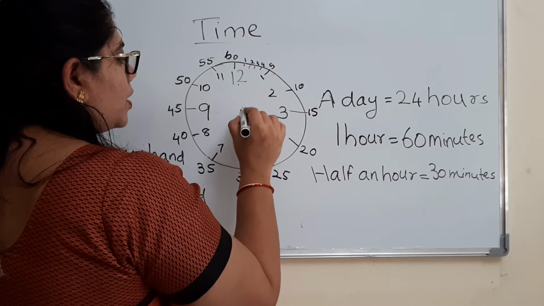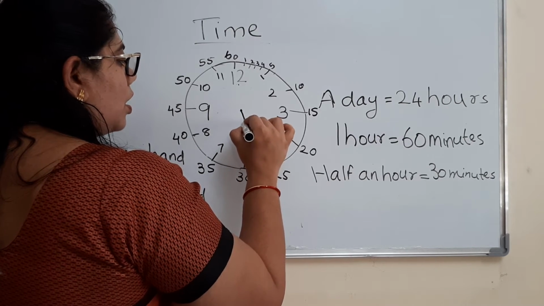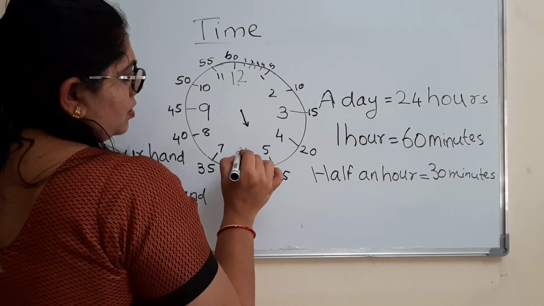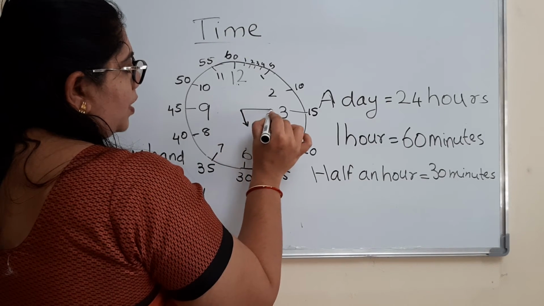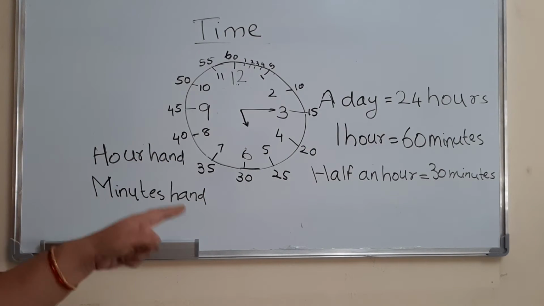Next, here the hour hand is showing like this, and the minute hand is showing like this. What is this time?